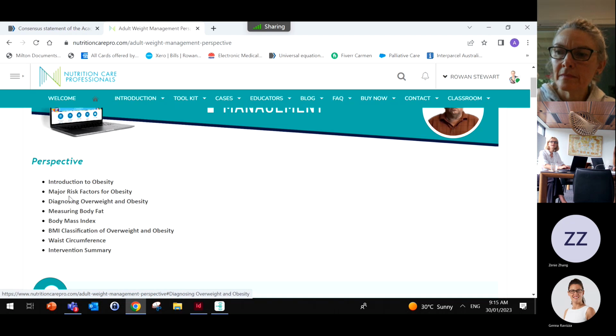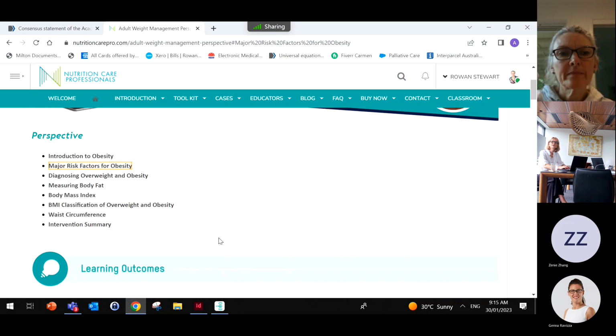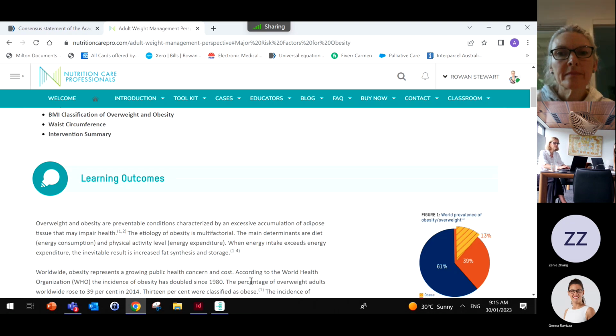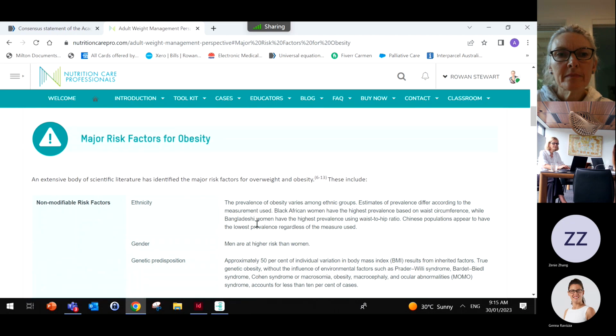So if you want to learn about the first point, we always define the clinical condition. And then if you want to learn about the major risk factors for the clinical condition, we would just click on that. We're a bit slow. I think because we've got this program running, it's slow. So I'm just going to scroll down for you. Here are the major risk factors for obesity.